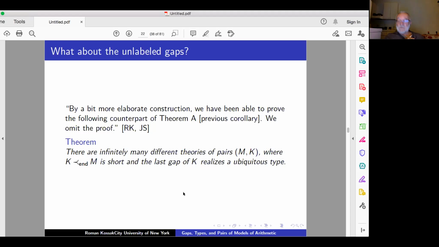But the proof is not included in the paper, and there are two reasons for it. This was Jim's argument that was rather complicated, and I thought maybe it's not proper to have this very complicated result in this joint paper, but also I didn't completely understand the proof.